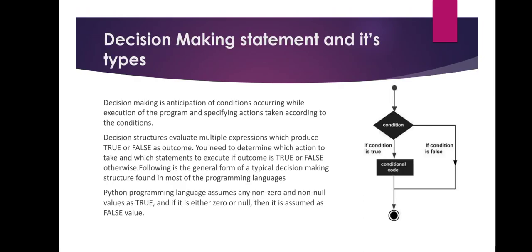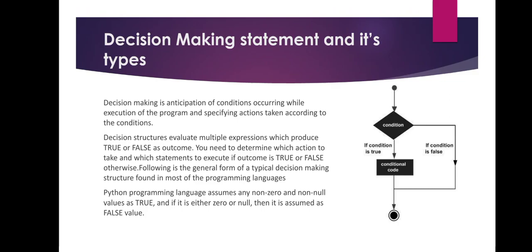First of all, decision making statements and their types. Before discussing the types, we first have to know what a decision making statement is. While writing a program, sometimes we have to use conditions.